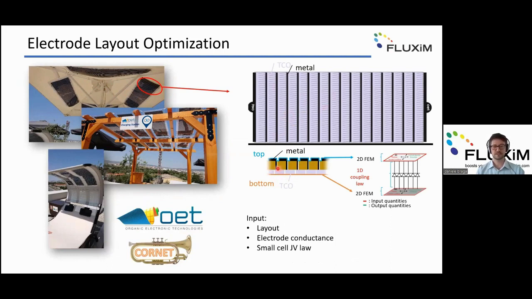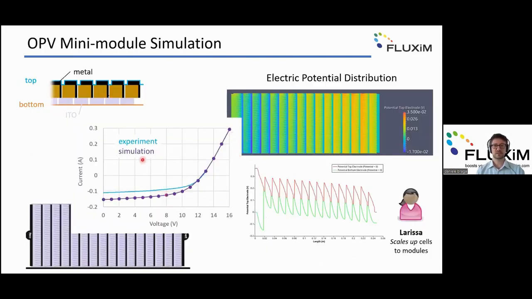This is the typical P1, P2, P3 structure, and we are importing this structure into the simulation software, and we can reconstruct the JV characteristic, but moreover, and most importantly, we can calculate the distribution of the electric potential inside this mini-module.